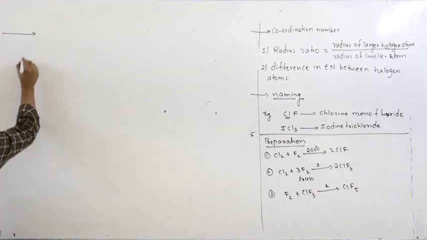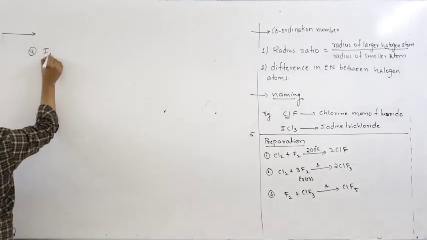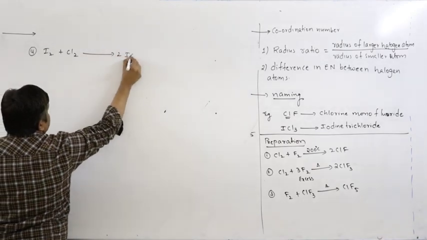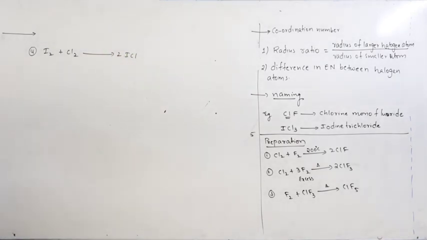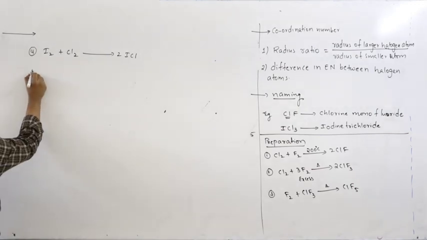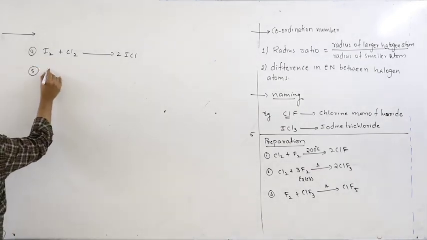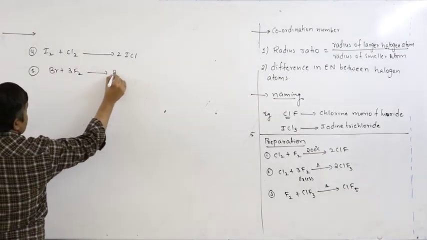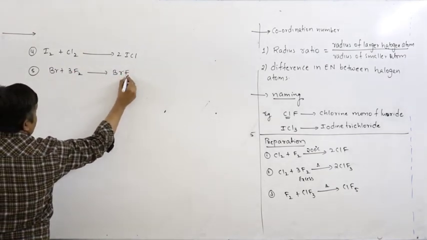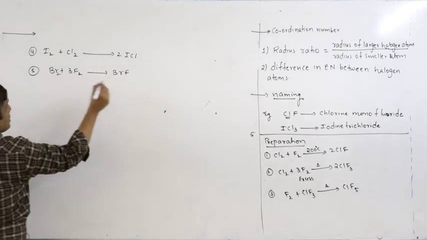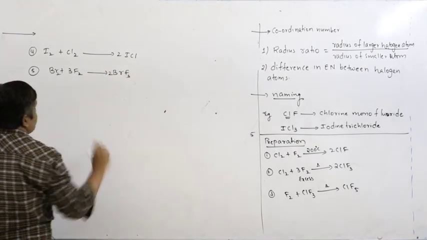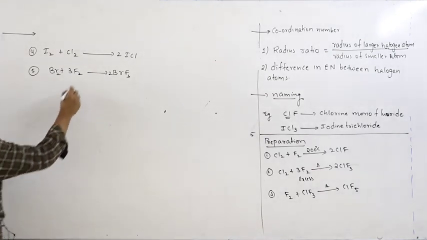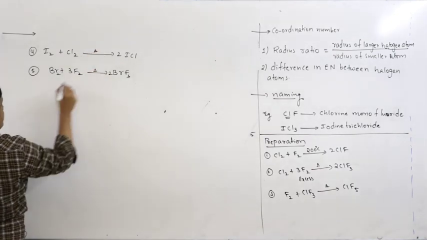Coming to some more examples, I2 plus Cl2 in 1:1 ratio, we get 2 ICl, iodine monochloride. Or you can take bromine, Br2 plus 3F2, what we get is 2 BrF3, bromine trifluoride, on heating.